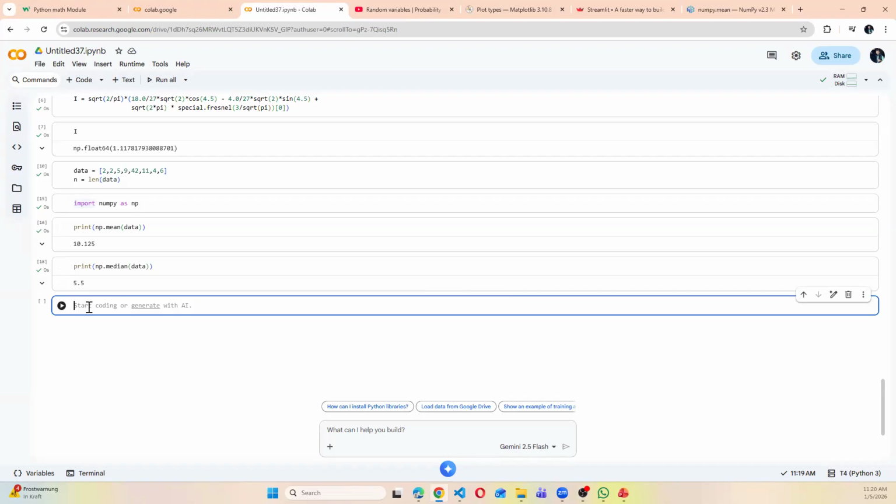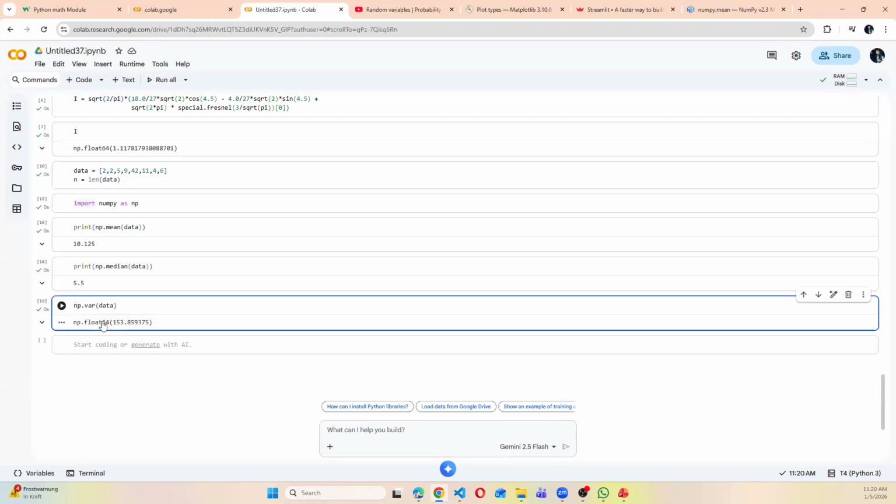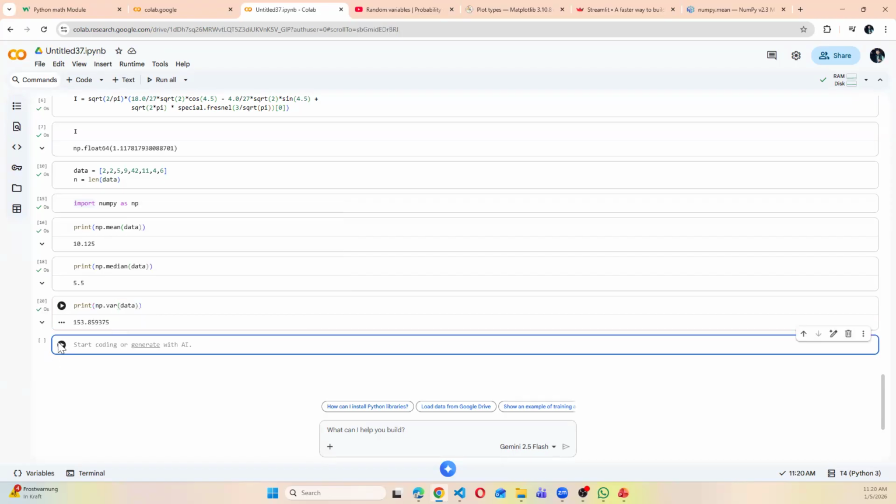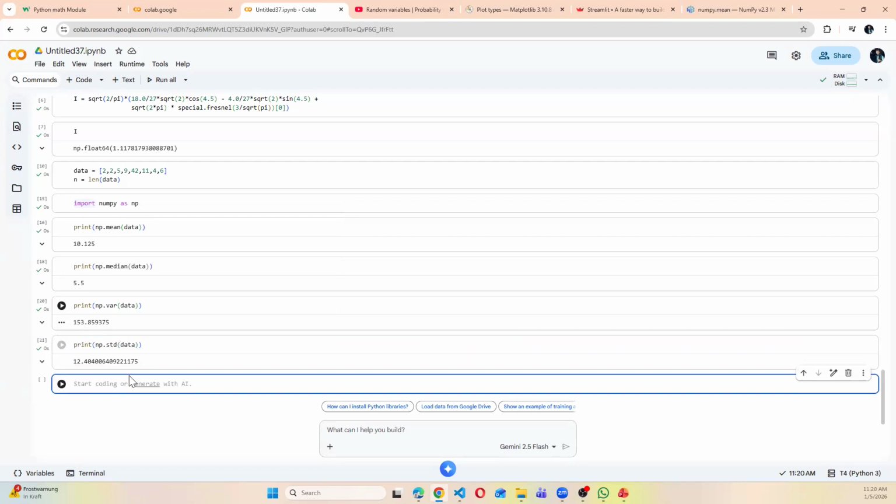And if you want the variance, if you say var of data and I run, it just gives me the value, but if I print this one, it will give me the output also. So that's the variance. If I say print np dot std of data, it gives me the standard deviation of this one.